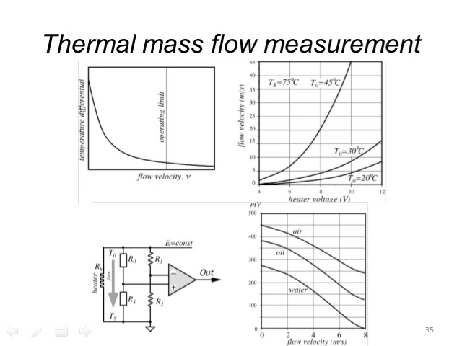These are some characteristic curves of the thermal mass flow measurements. And you can see here, again, we can use these elements in a bridge configuration, so we can do these null types of measurements, which is quite nice.